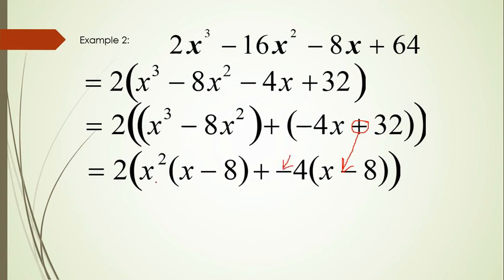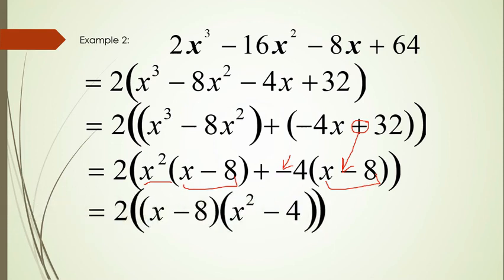Notice we were able to take an x squared out of the first two terms, and thus we have the same factor, x minus 8, from both of those. So now we move the x minus 8 out, and we have parentheses there, but notice that we have an x squared minus 4 together.